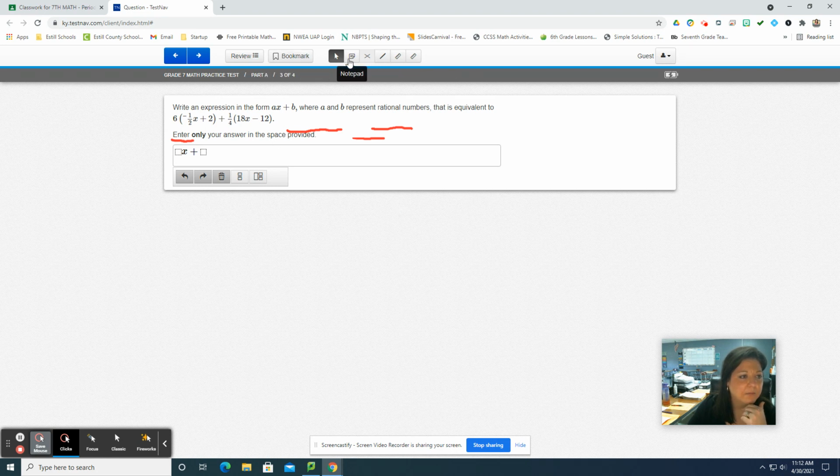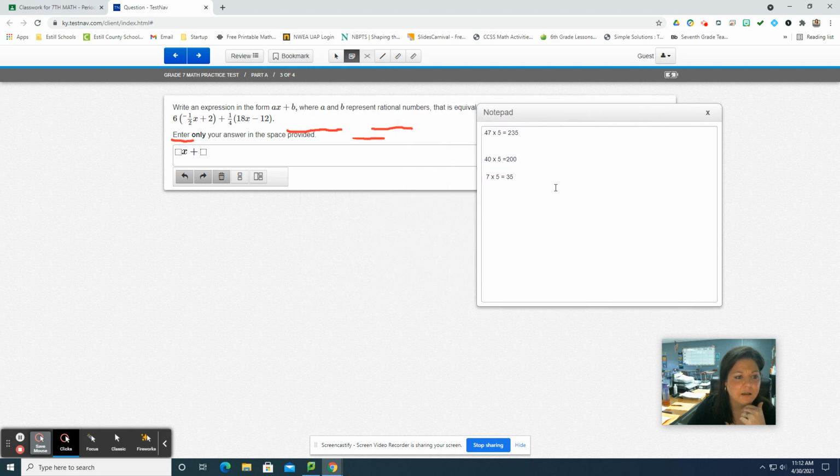So I'm going to bring up my notepad, clear all my work off, and I'm going to show you guys, because I don't have a paper, and you would write this down on paper. 6 parentheses open, negative 1/2 x plus 2, plus 1/4 parentheses open, 18x minus 12.